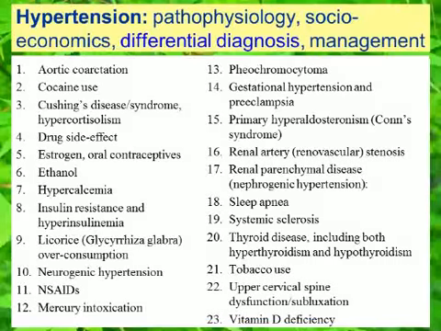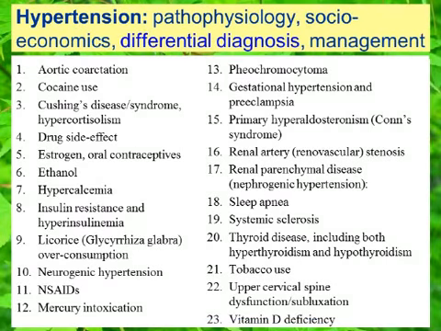Pheochromocytoma is a classic cause of hypertension, even though it's very rare. Gestational hypertension and preeclampsia. Primary hyperaldosteronism, also known as Conn's syndrome. Renal artery renovascular stenosis is another differential that we must consider. Renal parenchymal disease can cause what we refer to as nephrogenic hypertension.